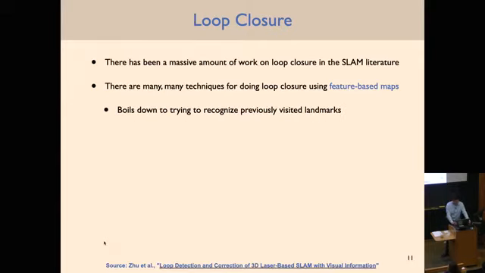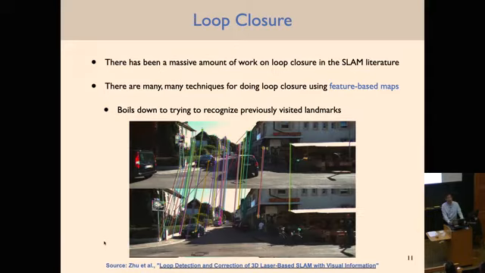So I just very briefly touched on this loop closure phenomenon. There's a massive amount of work in the SLAM literature specifically addressing loop closure, beyond just the kind of loop closure that happens automatically with this grid-based FastSLAM. There are a lot of techniques for doing loop closure using feature-based maps. We're going to talk about computer vision starting from the next lecture.